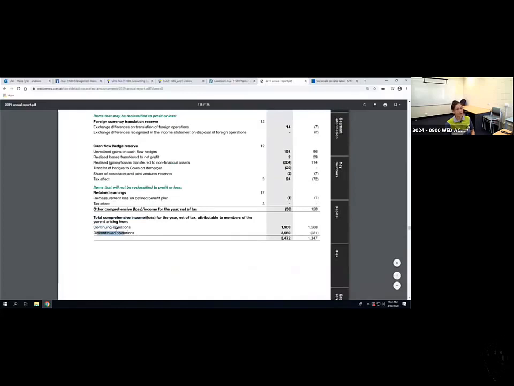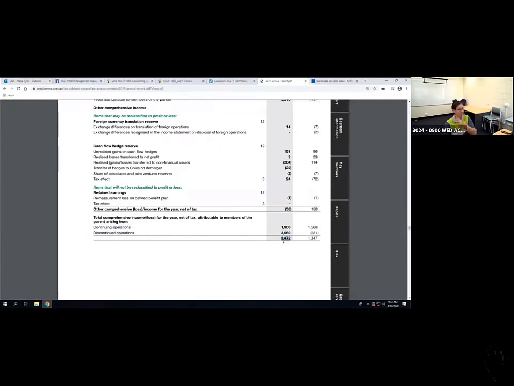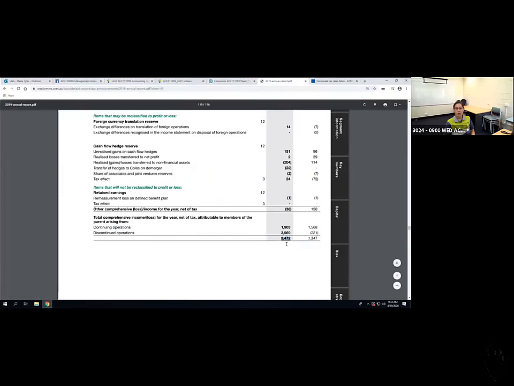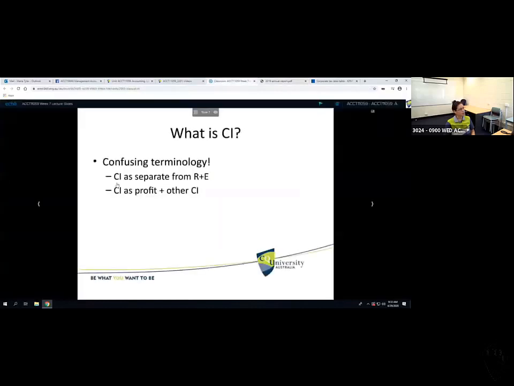Doesn't matter, you don't need to enter those two separate lines in. You can just put total CI as one line and leave it at 5472. For the purposes of our unit, we only need that one line in. So that's the line that I'm saying. Once you get to total CI, you don't need anything underneath. So I'm going to go through this again, simply because it is a major key concept.